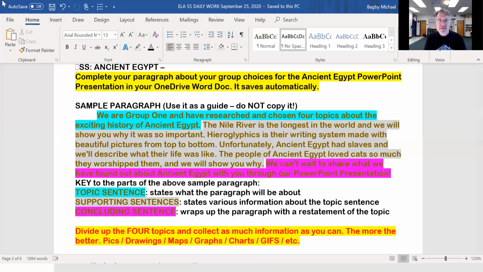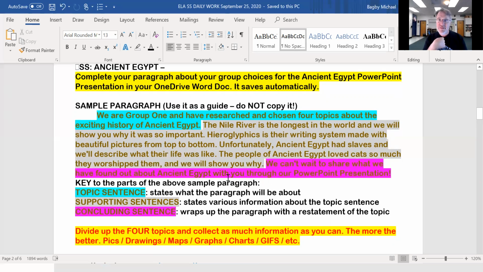So we have a topic sentence, and I keyed it here, supporting sentences, and a concluding sentence. Here's your topic sentence. We are Group 1 and have researched and chosen 4 topics about the exciting history of ancient Egypt.